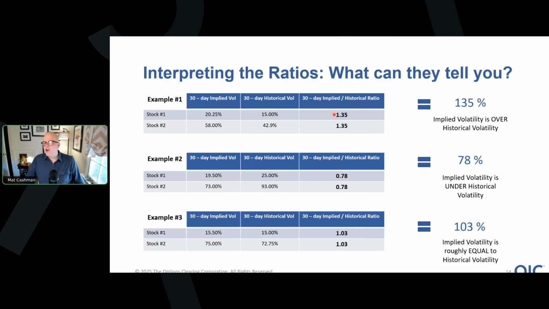So this is meant to show you that no matter what, you can have a situation in which the implied vol is 135% of its actual delivered, regardless of whether the vol is a 20 or a 58. It's really a measurement of the implied vol versus how much it's moved, not the implied vol on its own. And that's the real magic of this entire idea.